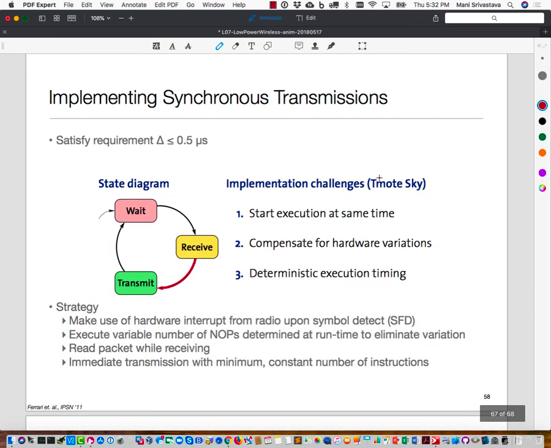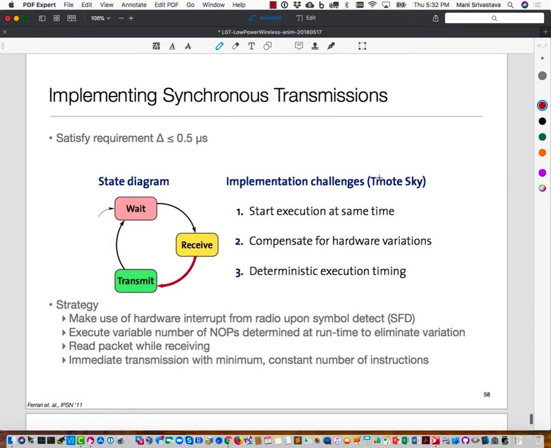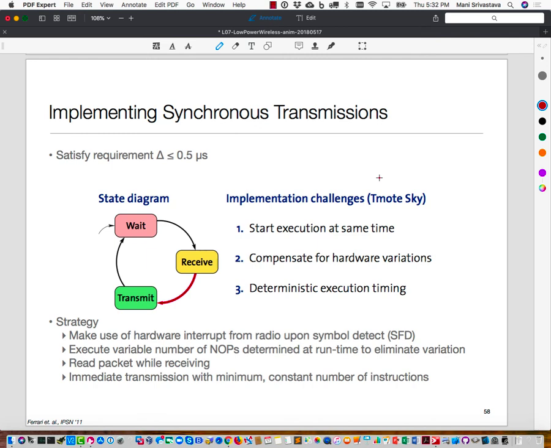Okay, so what they talked about in their work was that execution has to start at the same time. Normally a packet arrives, an interrupt is generated, you have an interrupt handler, you react to it. If something was blocking you, maybe your interrupt handler will not fire at the same time.